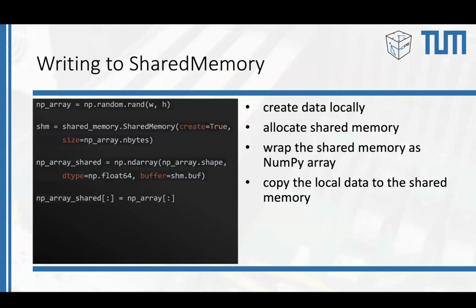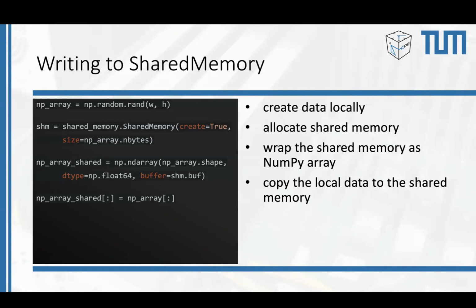So how do we set it up? If you want to use shared memory, you basically have some help. You don't have to do the computation of the bytes by yourself. For example, you can use size, np array, and bytes here from your array. So what you do is first you define the data, right? So you have a prototype. From this prototype, NumPy tells you how many bytes you have.